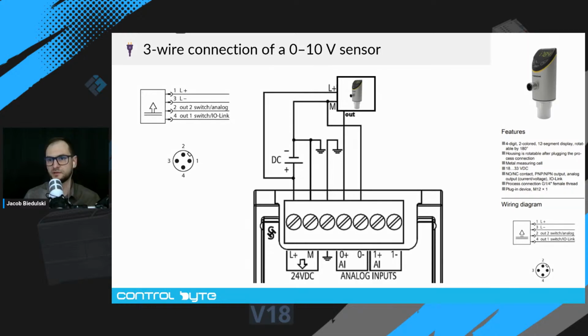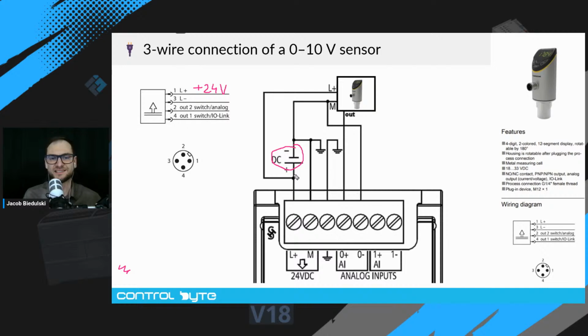And let's draw on the schematics. So here is the schematics from the manufacturer. The first connection is the L plus. This is plus 24 volts potential, okay? And it comes from the DC power supply, okay?